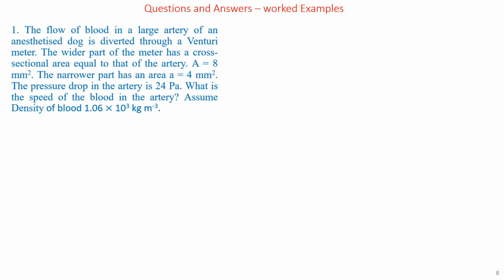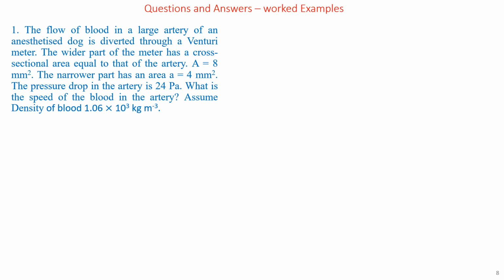Questions and answers. We will take up some worked examples to understand the concepts of the mechanical properties of fluids. First is regarding blood velocity. The flow of blood in a large artery of an anesthetized dog is diverted through a venturi meter.